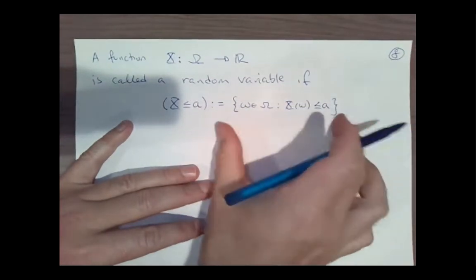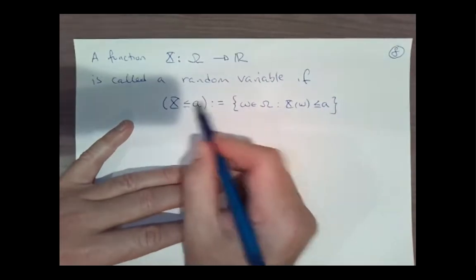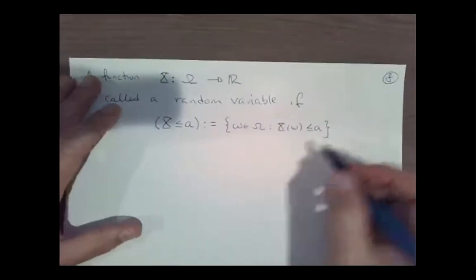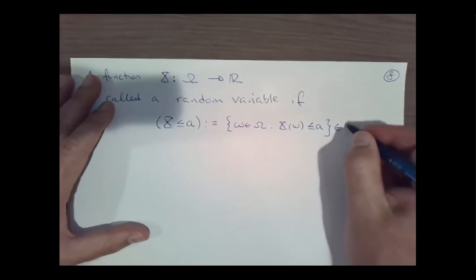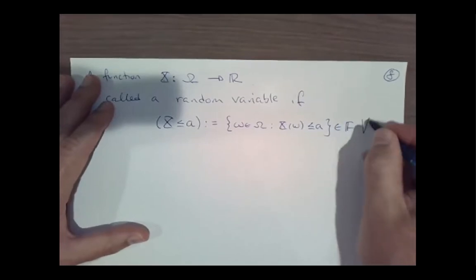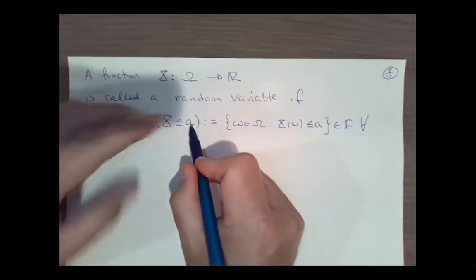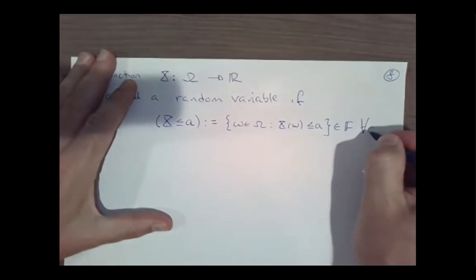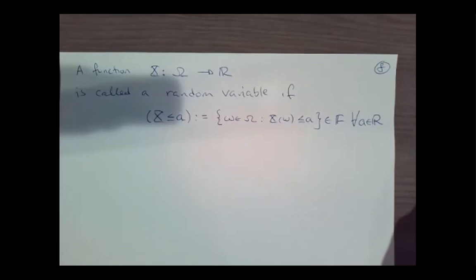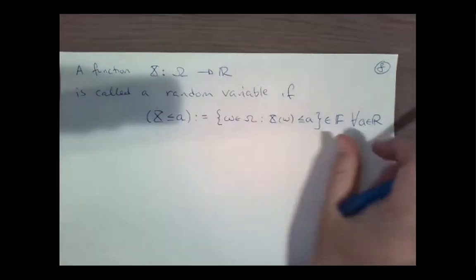It's just a bit long to write all the time. So a function is called a random variable if it satisfies this property.